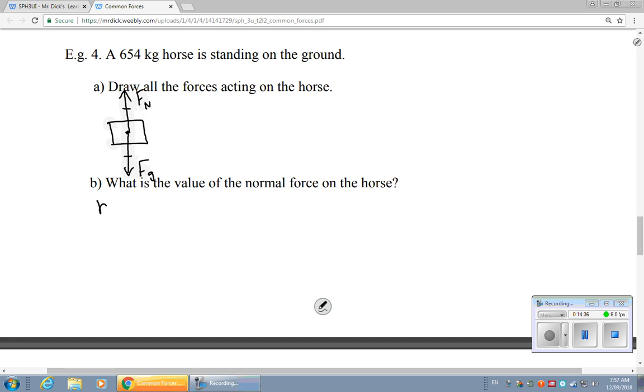So just to state our givens below, as we work on part B, we know that the mass is 654 kilograms. It's good to remind ourselves that we also know g in case we need to do anything related to gravity. And in the end, though, we're not trying to find force of gravity. We are trying to find normal force, Fn is what we'll call it.